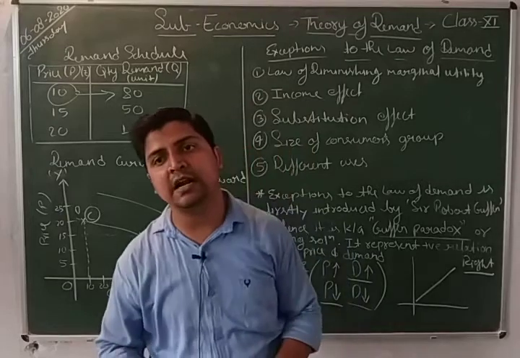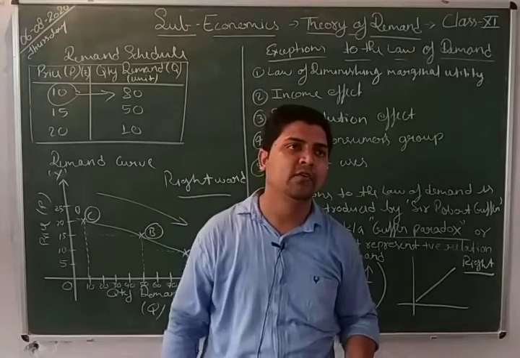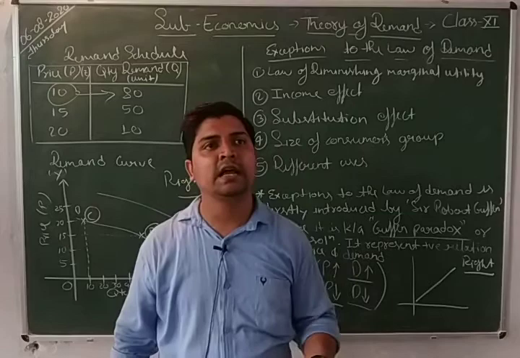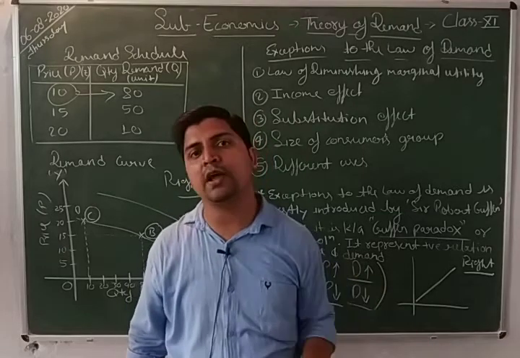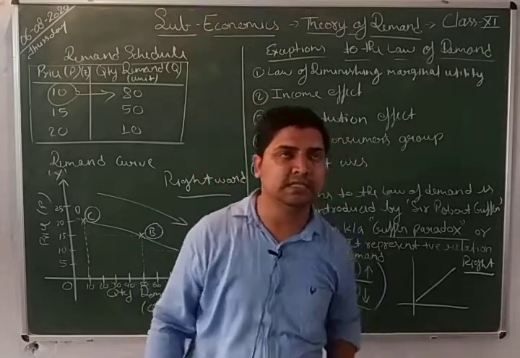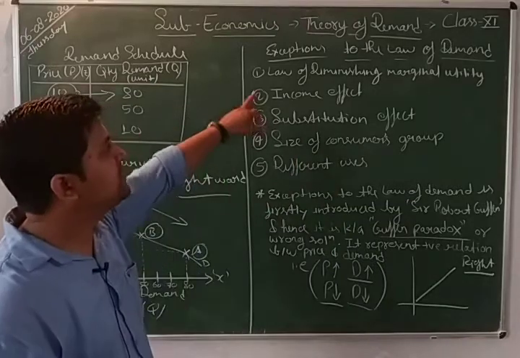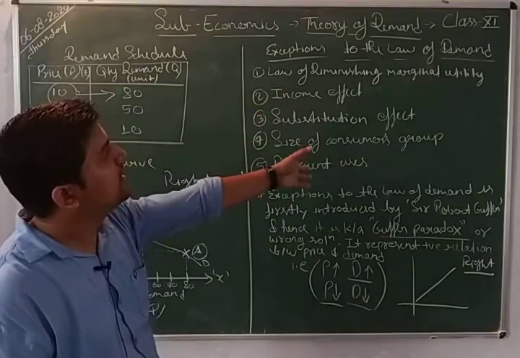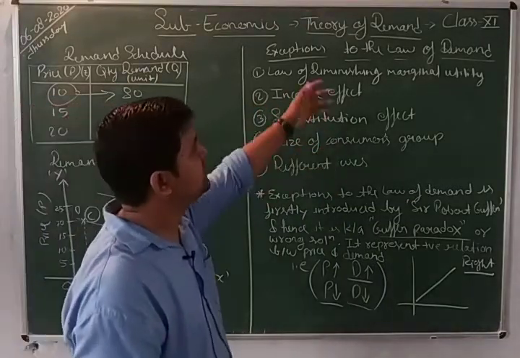Means after continuous consumption of any commodity, our utility toward that product diminishes. Okay, students, the law of diminishing marginal utility is an example that shows the exception to the law of demand.